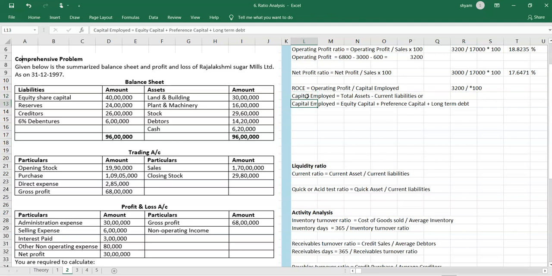I think we'll use the first formula itself, the total assets minus current liability. There is only one current liability here.